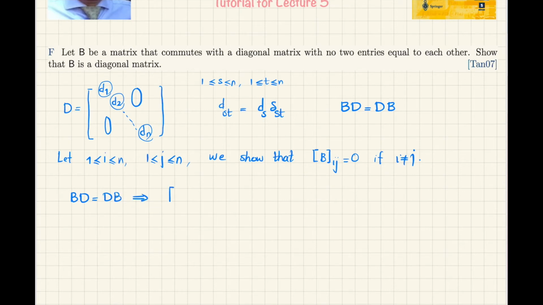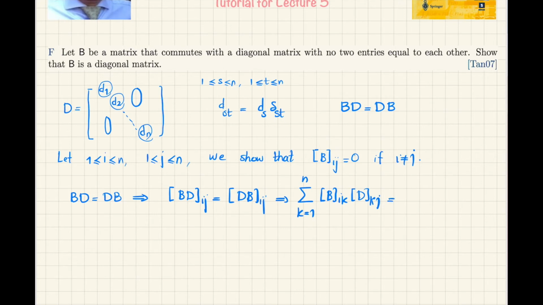Okay, so we know that because BD is equal to DB, therefore the ijth entry of this matrix is also equal to the ijth entry of this matrix. Yes, but the left hand side can be written as a sum of the ikth entry of B times the kjth entry of D, k goes from 1 to n.